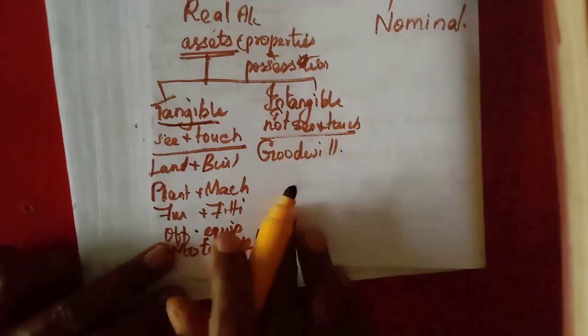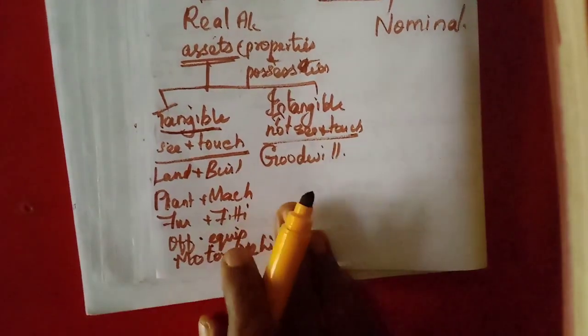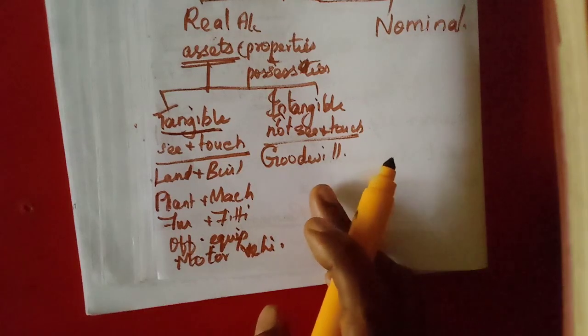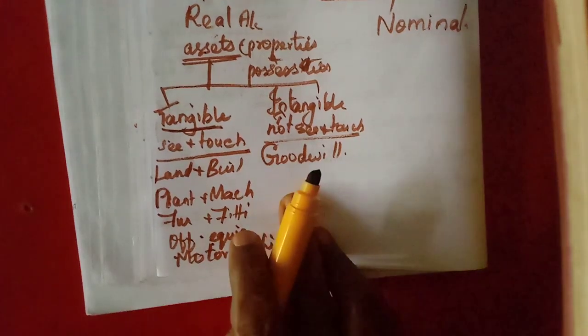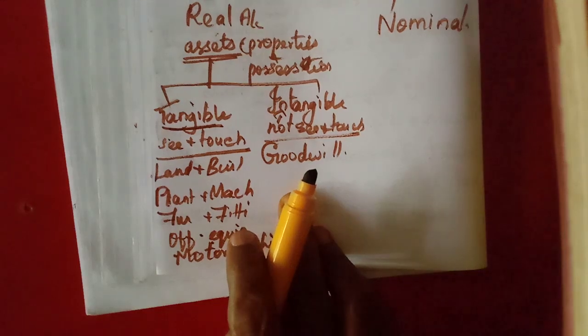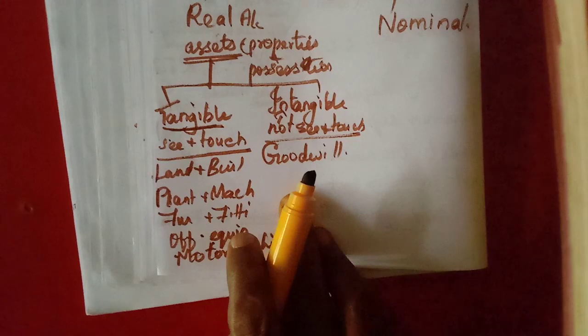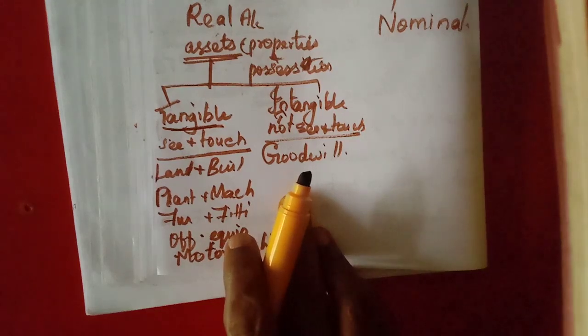Goodwill means, from the name itself, the good name of the organization. For example, we are studying in Bethlehem school. It had a name before. Now it is not getting its old name, it is losing its name.